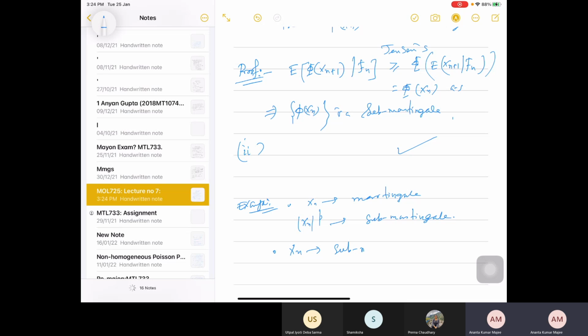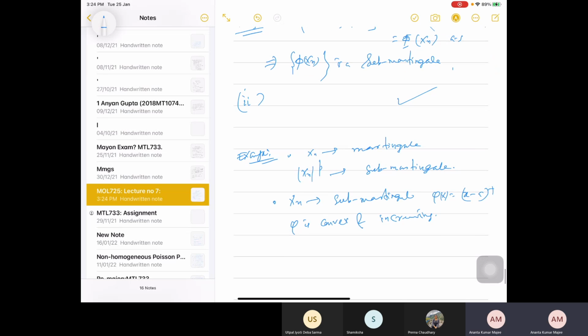So Xn is a submartingale. Then I consider the function phi of x equal to x minus a, plus, for any a. Now see that this phi is convex and increasing. Thus Xn minus a, plus, is a submartingale.